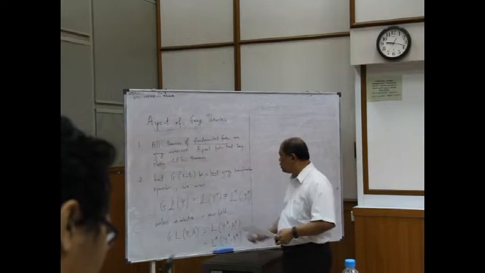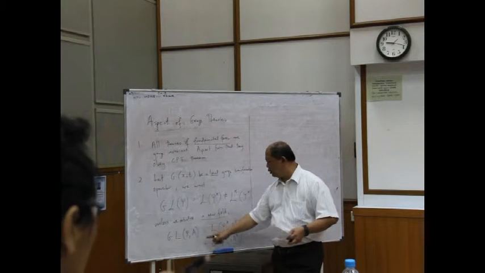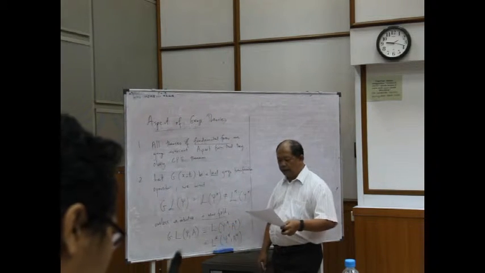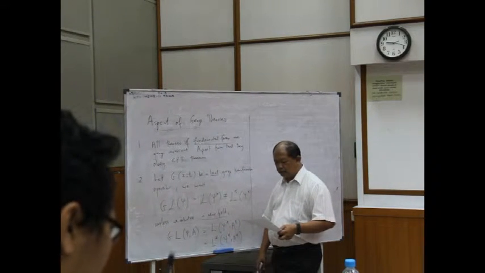So in general, we always need a new field that allows L to be equal to some L star. Okay.